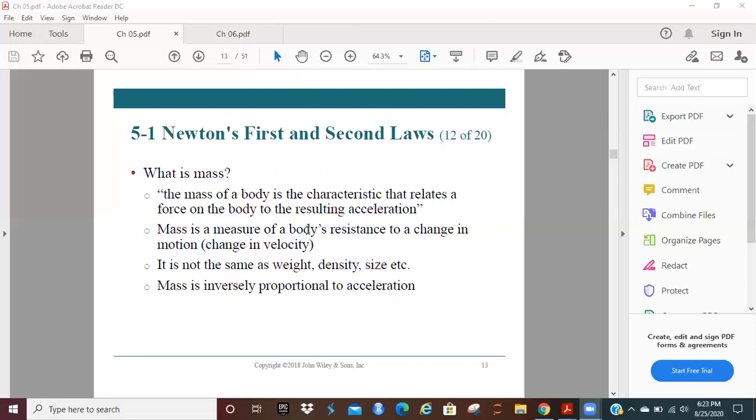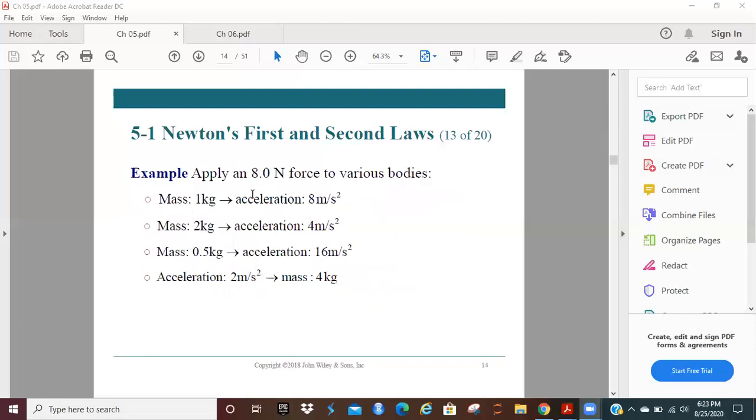And since mass is a measure of a body's resistance to change, it's going to be considered inversely proportional to acceleration. So if I were to apply an 8-Newton force to various bodies, say 1 kilogram, 2 kilograms, half a kilogram, so on and so forth, what is going to be the acceleration?